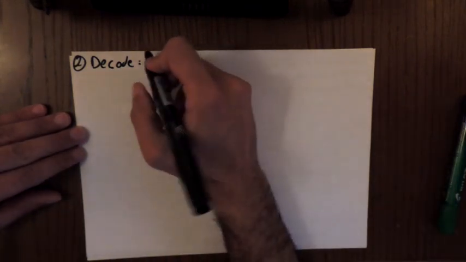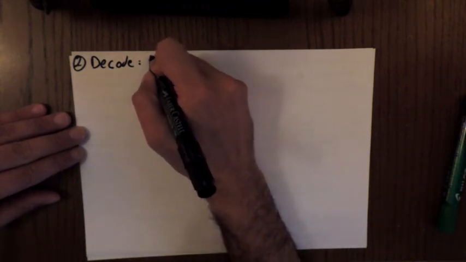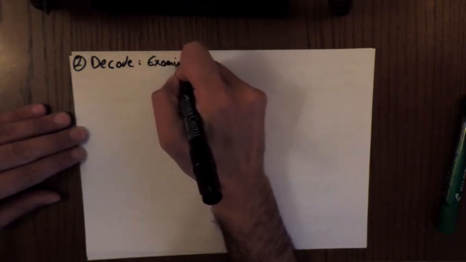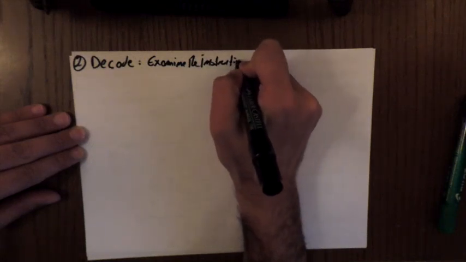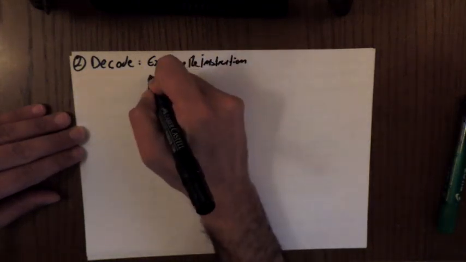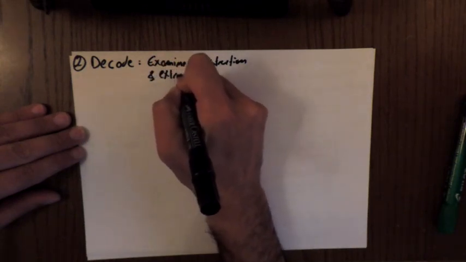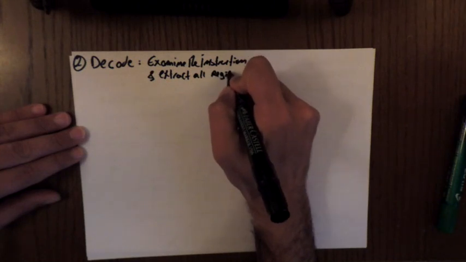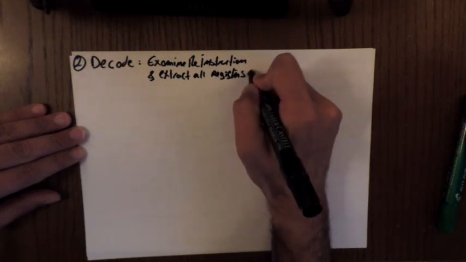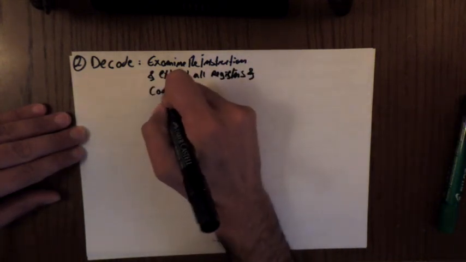So decode is to examine the instruction and extract all registers and control lines.